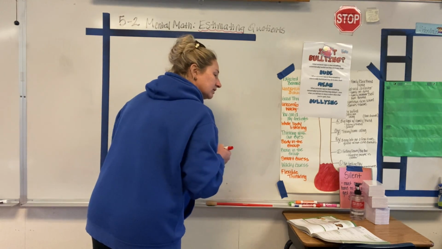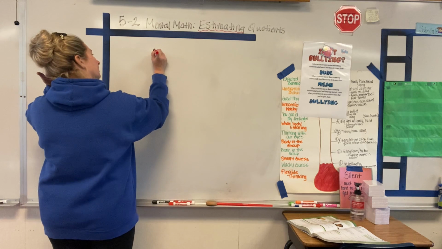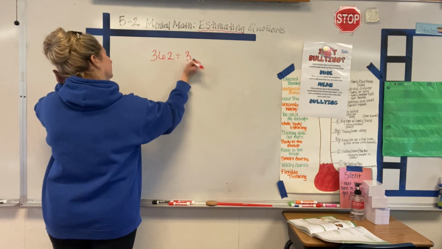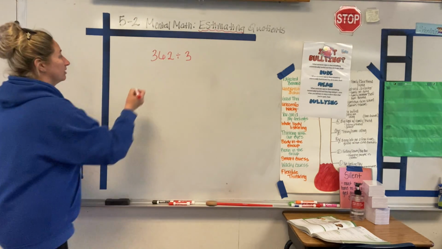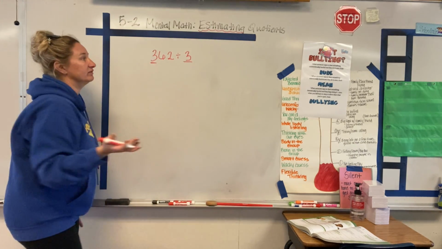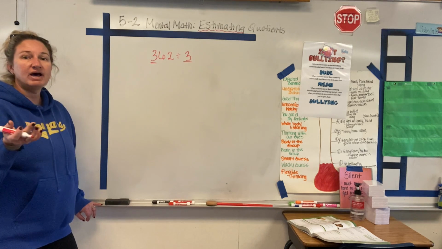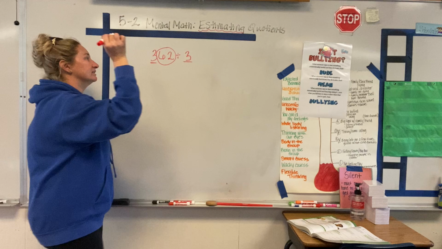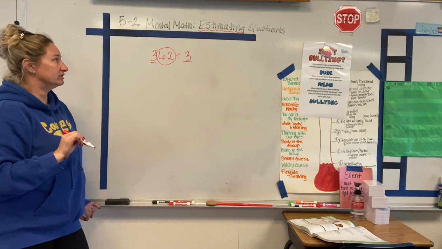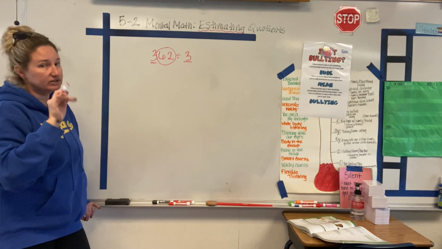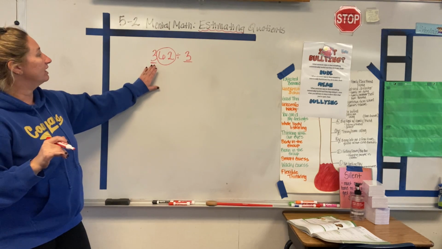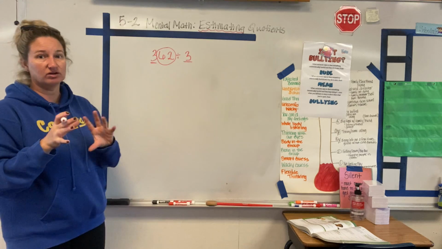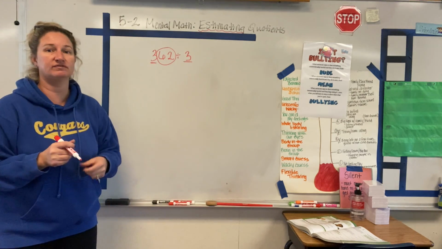Okay, 362 divided by 3. I can see with this problem that it can be divided by 3, but I have this 62 here, which is actually closer to 400. So I don't want to say 300 divided by 3 because I don't think that's a close enough estimate.